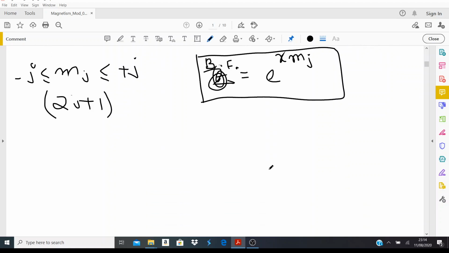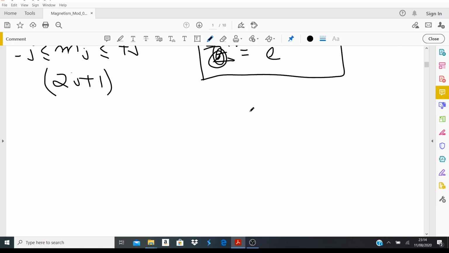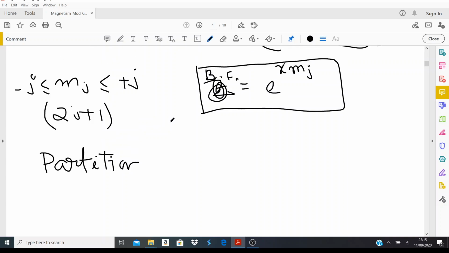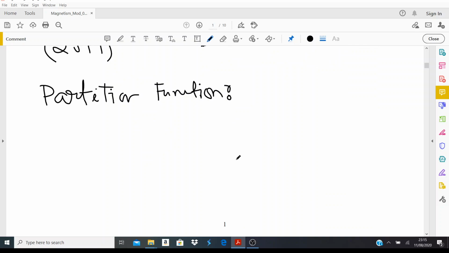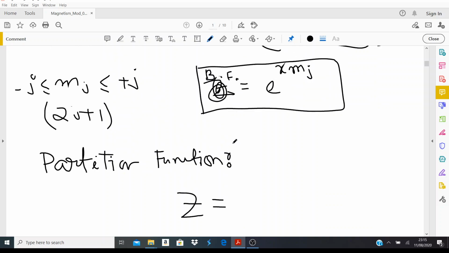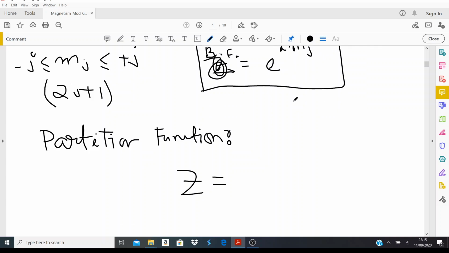Now once we have the Boltzmann factor in our problem, the next thing to ask is what is the partition function, right? The partition function is defined as a sum of all the Boltzmann factors, right? So if you are not familiar with this function, don't worry, just remember this is denoted by Z, and this is nothing but the sum of all these factors, right?